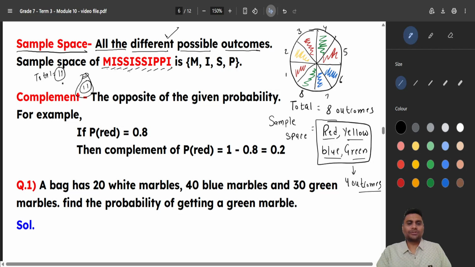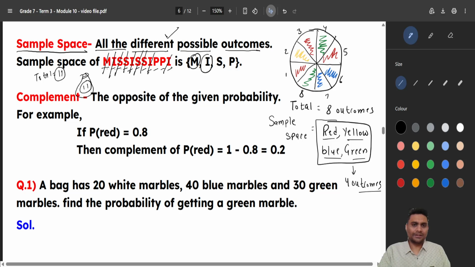But if I ask you sample space, meaning how many different types of cards are there, you will say I have the letter M, right? So M. I have letter I, so I will cross all the I's because repetition is not allowed. Then I have letter S, which is a different outcome.